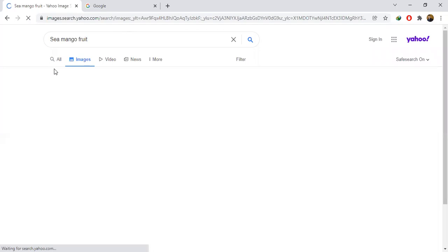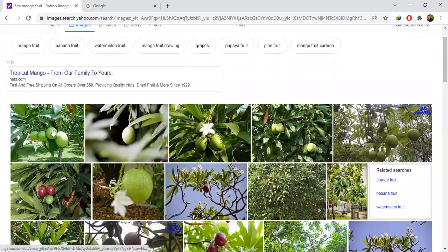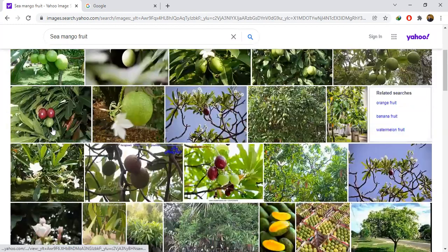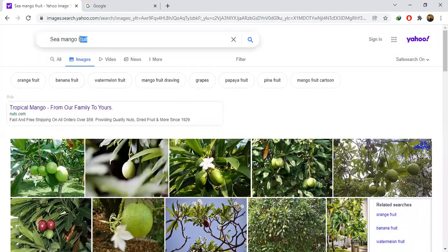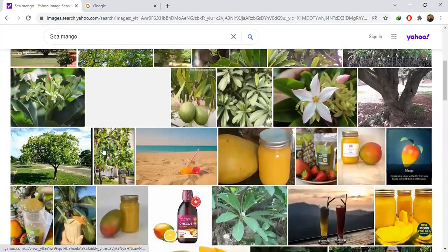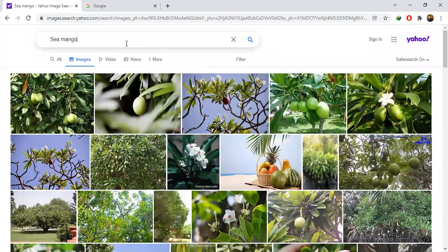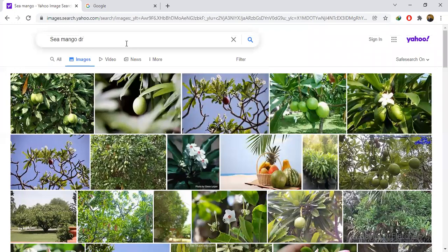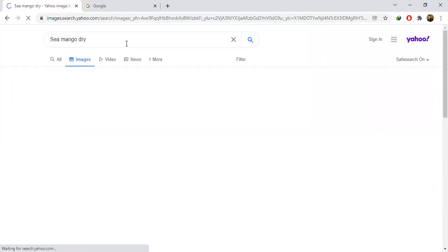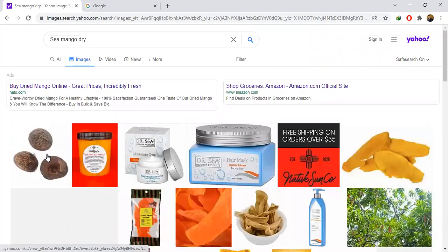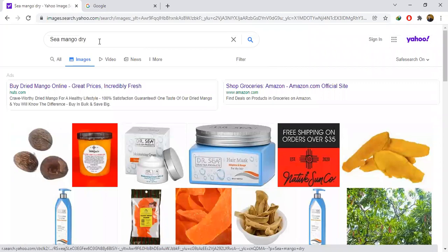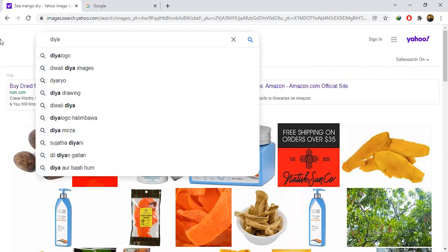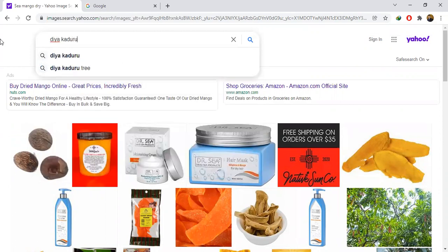The sea mango fruit, the kaduru, looks like this. Diyakaduru, the Sinhala word.